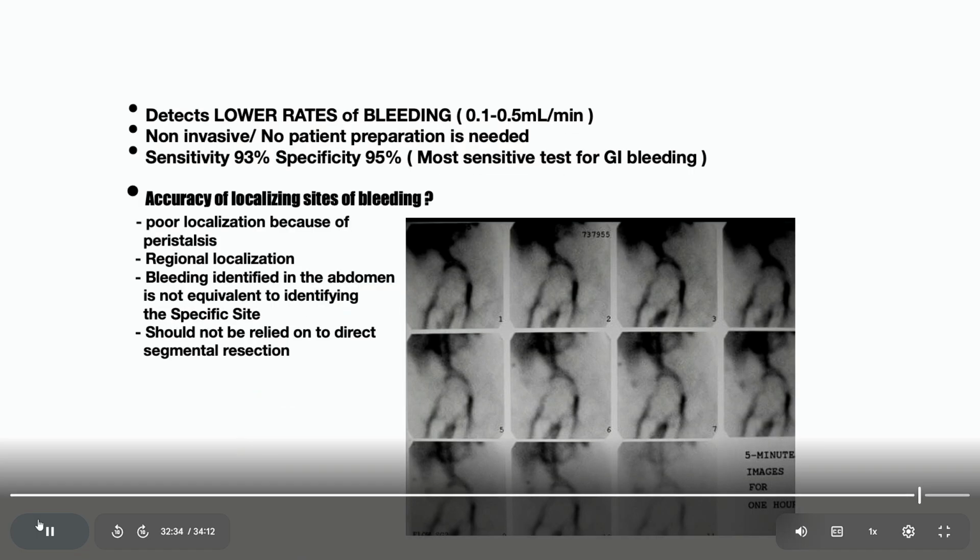RBC tagged nuclear imaging is the most sensitive test among the mentioned diagnostic modalities. However, it has the poorest accuracy in localizing the bleeding site. Thus, surgeons often do not rely on this test as a means to direct which part of the intestine needs to be resected or removed.